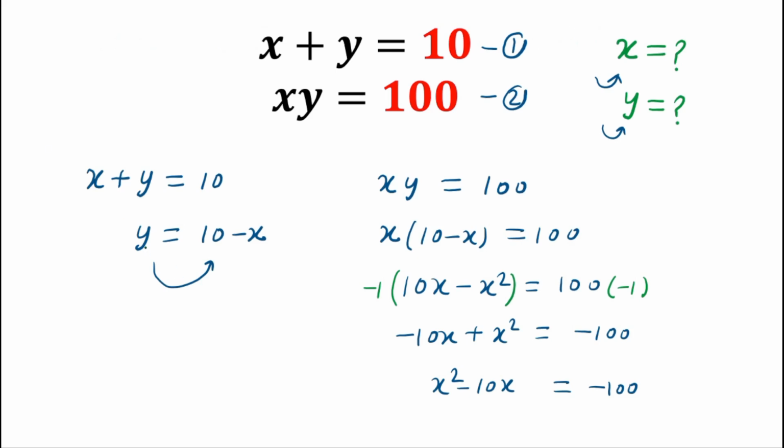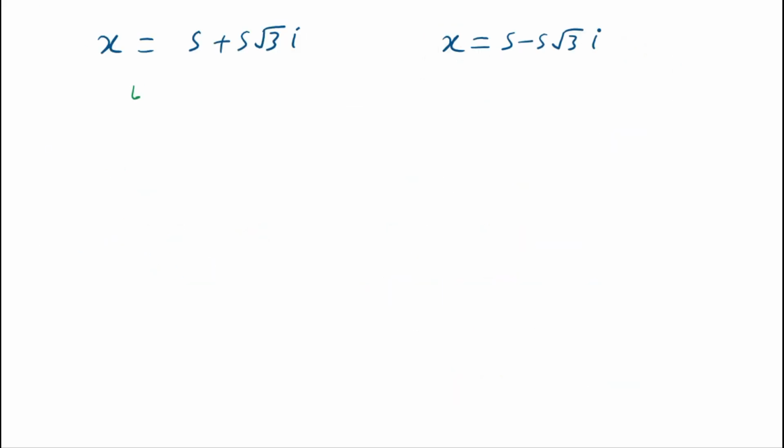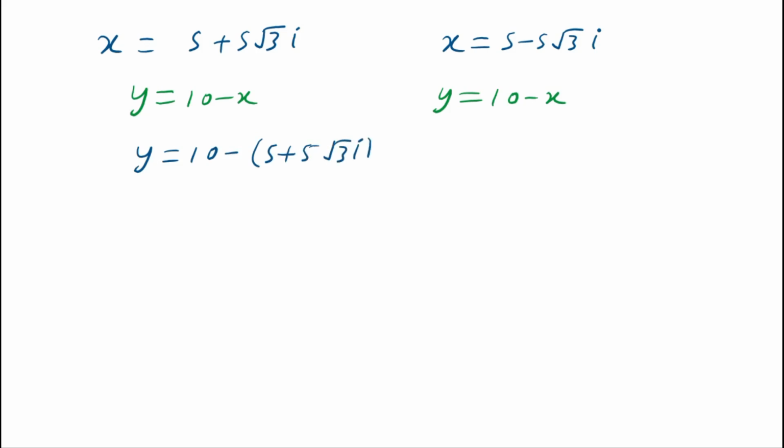And we know that the value of y is 10 minus x. Then y equals 10 minus x, replaced by 5 plus 5 times square root of 3 iota.